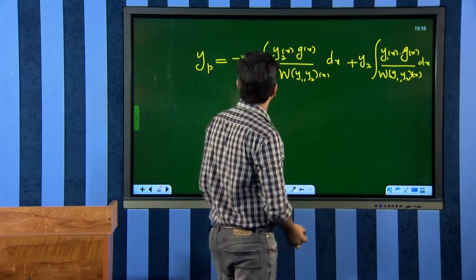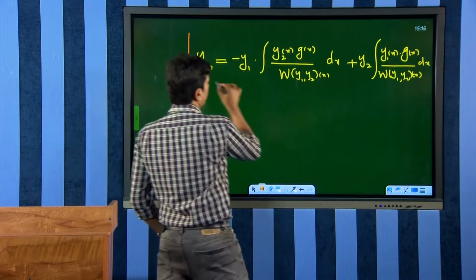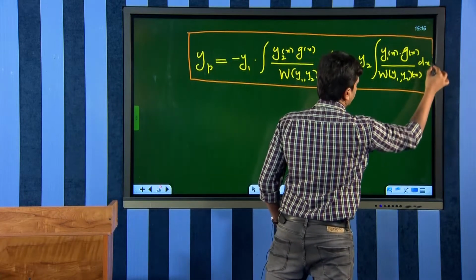Dear students, this is the actual formula. By using this we can find the value of yp.